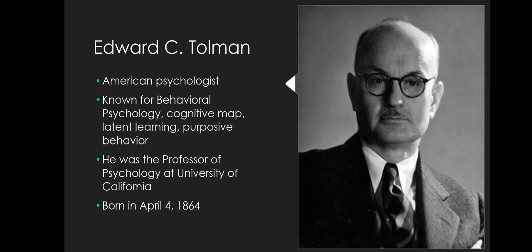He was a professor of psychology at the University of California, and he was born on April 4, 1864 in Massachusetts, United States. One of his contributions, not only in psychology but also used in education, is the so-called sign learning.